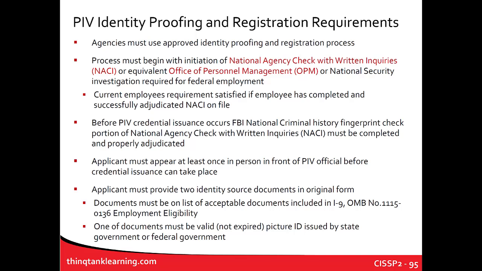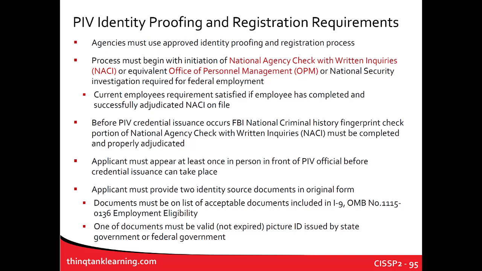For current employees, if they already have an NAC file, that would typically satisfy the requirement. What are some of the steps that we'll take before we actually issue credentials? I might do an FBI fingerprint check. I might do in-person appearance before I issue the PIV card.